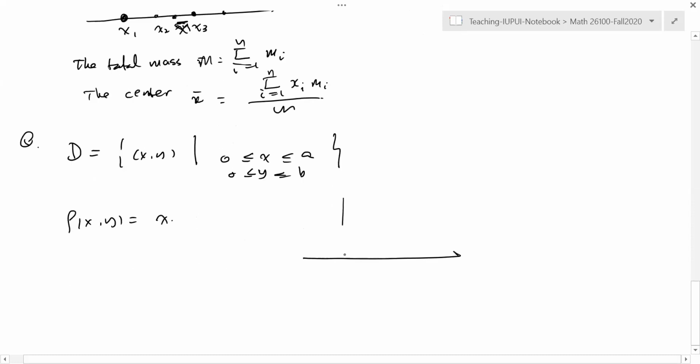So this is the region. Here's a, here's b.